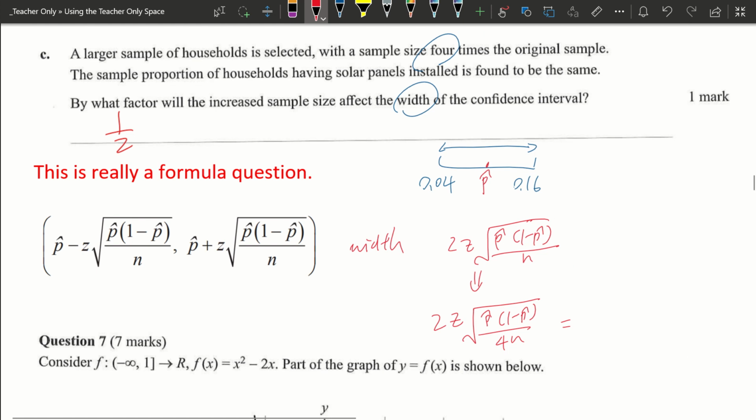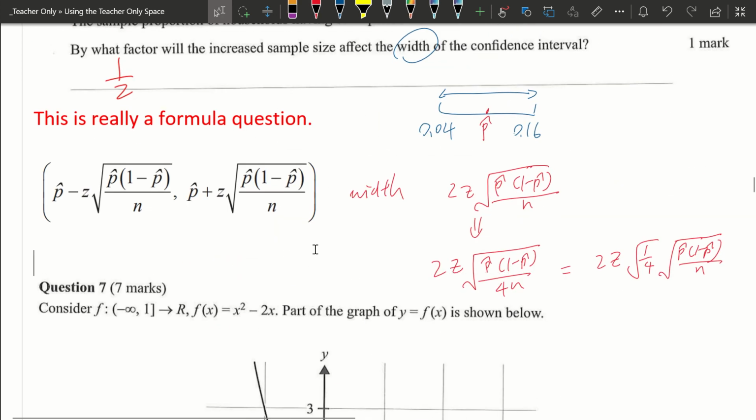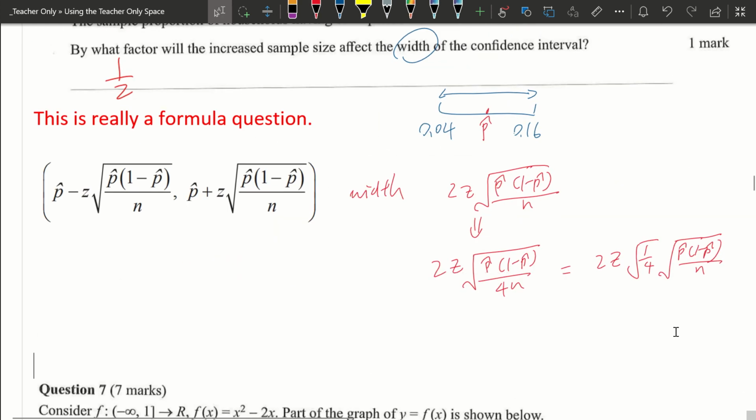But notice, p hat 1 minus p hat, and then n. You can take out the square root 1 over 4, because the 4 is dividing, so it's really 1 over 4 in square root.